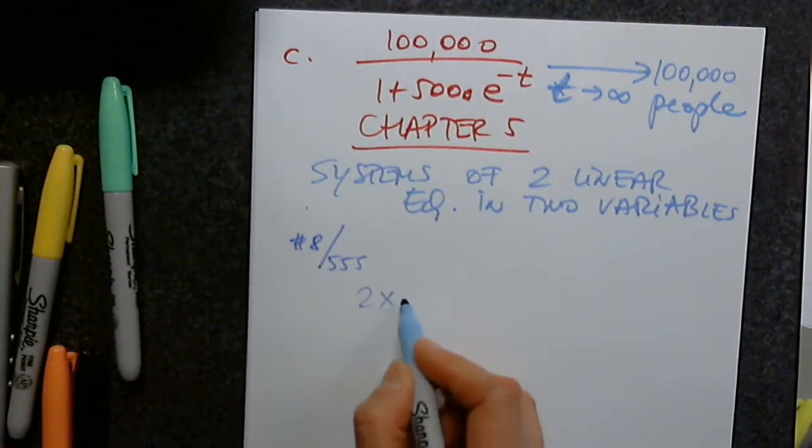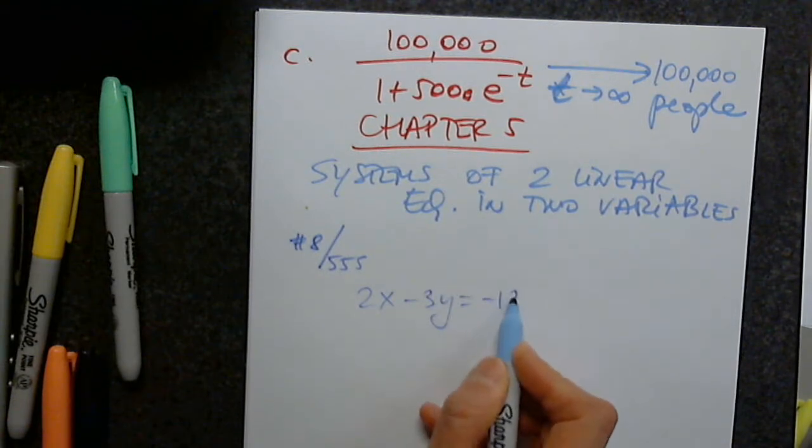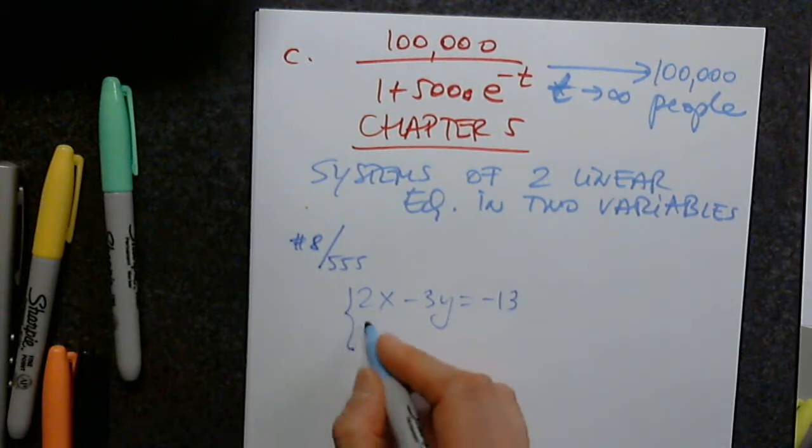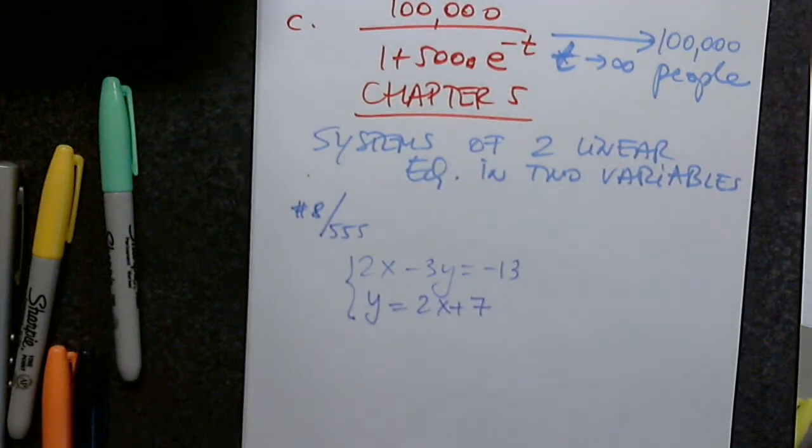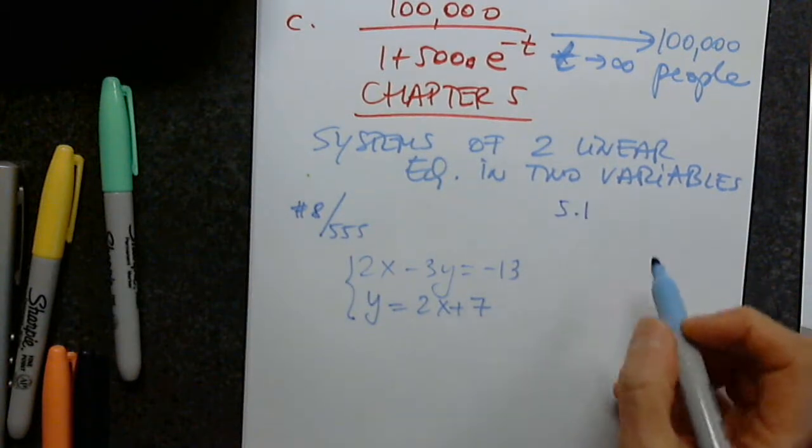Very simple. 2x minus 3y equals negative 13, and y equals 2x plus 7. These are two equations. What type of equations are they? Linear indeed. And how many variables do we see in this system? Two. So there are two methods that we will look at right here in this section 5.1.